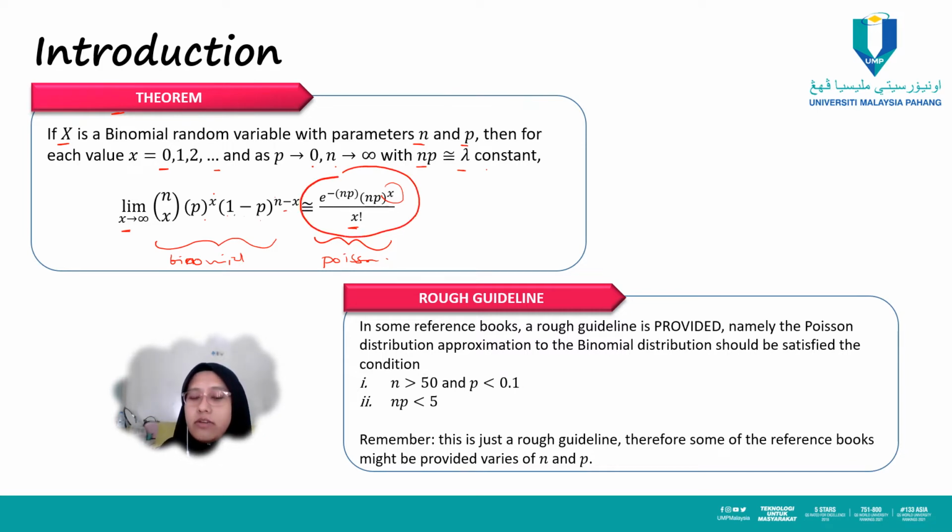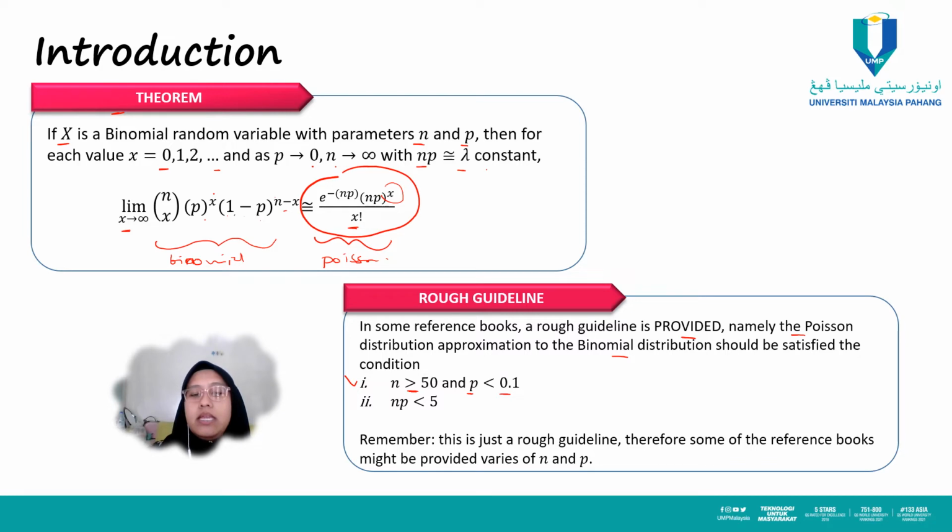Alright, so we have a rough guideline regarding this subtopic. In some reference books, a rough guideline is provided for when the Poisson distribution approximates the binomial distribution, and it should satisfy these conditions. The first condition, the value of n must be greater than 50 and the value of p must be less than 0.1.